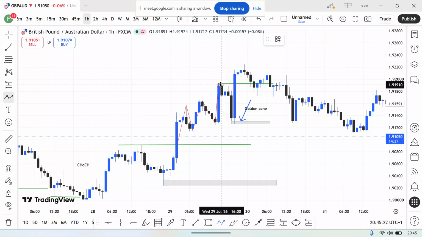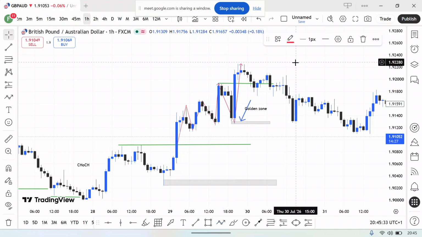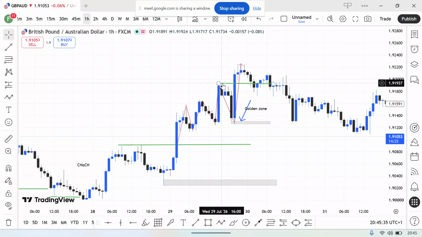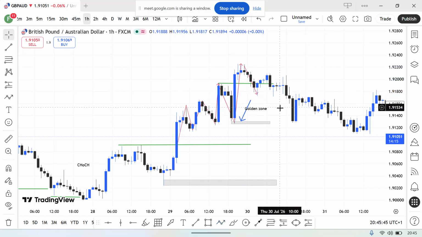It gave us this profit, and now this became our new swing low, and then we had a break of structure, and after that break of structure we mark out our green line and our hash box. And what are we expecting? We're expecting price to pull into our golden zone. Did price come into our golden zone?